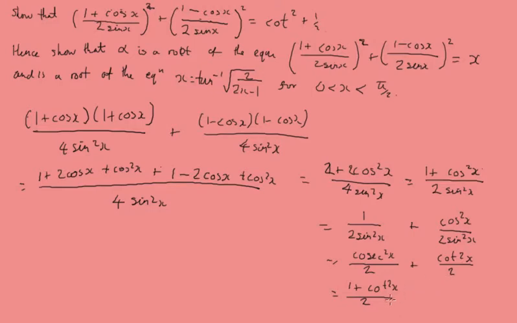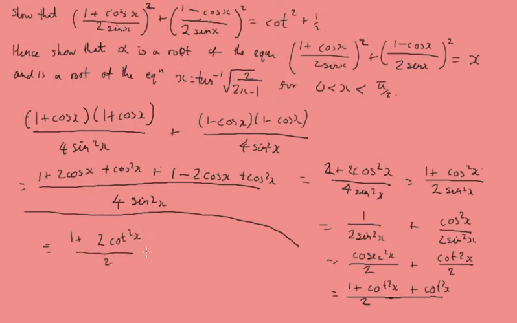Now this is also over 2, so what we can now do is bring this over, this plus cot squared x, which equals 1 plus 2 cot squared x over 2, and if we rearrange that, those two will cancel, giving cot squared x plus a half, which is what we were wanting.